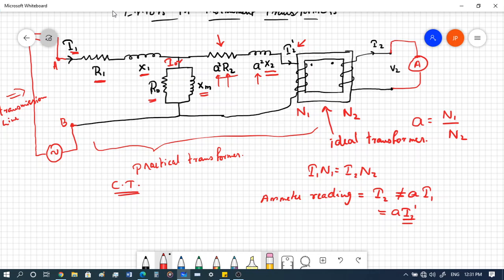So if you want to find I2 dash, I2 dash is equal to I2 divided by A. A is the turns ratio, as we already know.